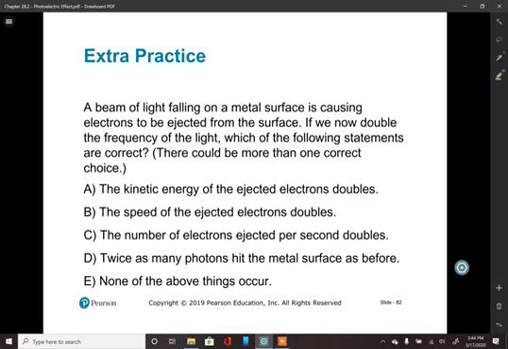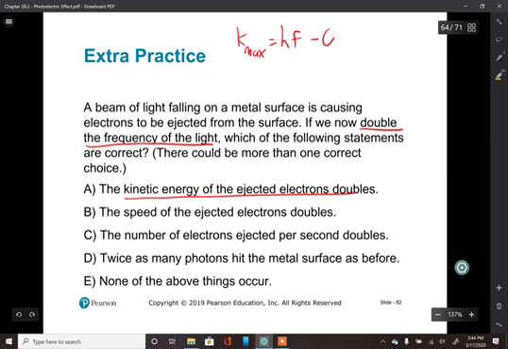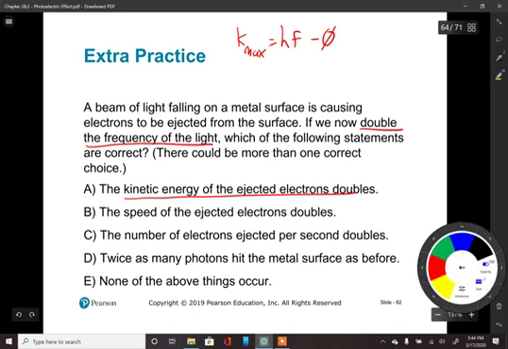Okay, so here we are doubling the frequency. That's the only thing we're changing. We know that the frequency was already enough before to have the photoelectric effect occur. So does kinetic energy double? Let's look at that equation and see if we can reason it out.